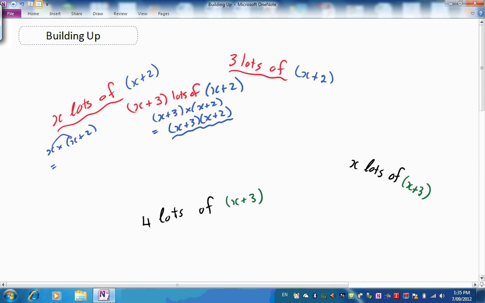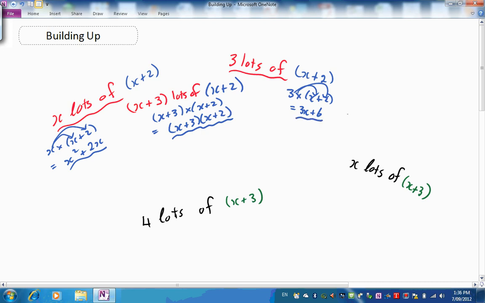It's x times x is x squared. x times 2 is 2x, so we've got that much from there. Then over here, we've got 3 lots of x plus 2, which means 3 lots of x plus 3 lots of 2 is 6.